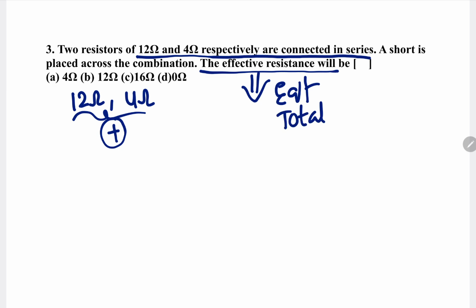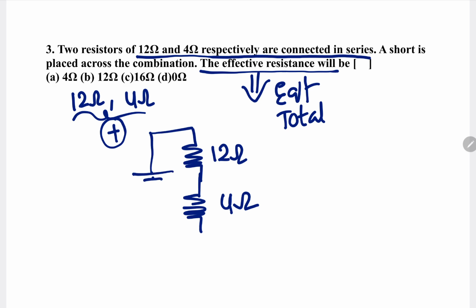Here, let us say this is 12 ohm, and here one more resistor, 4 ohm. Both are connected in series. Let us say I have connected some DC supply here. Then a short, that is a short circuit.